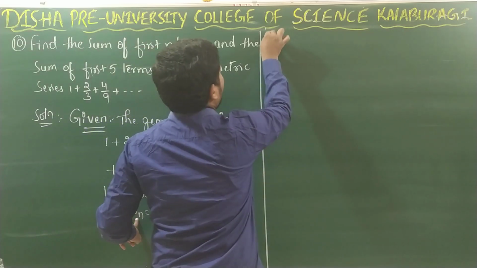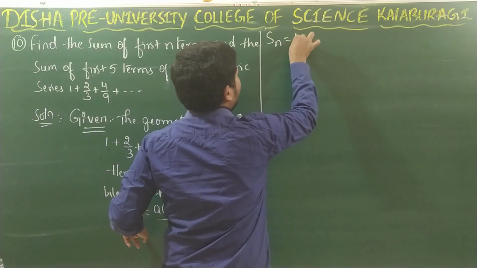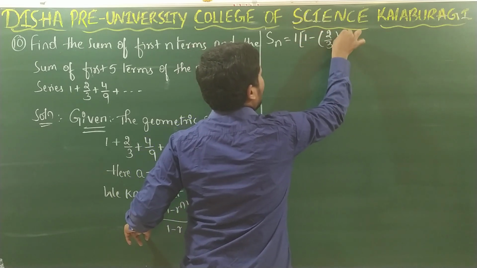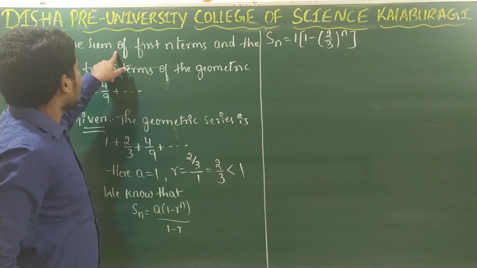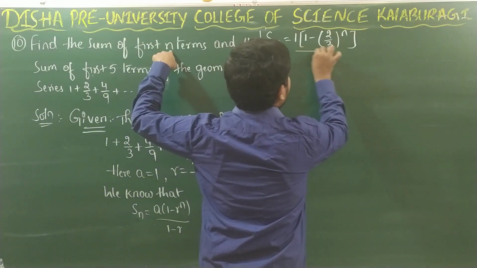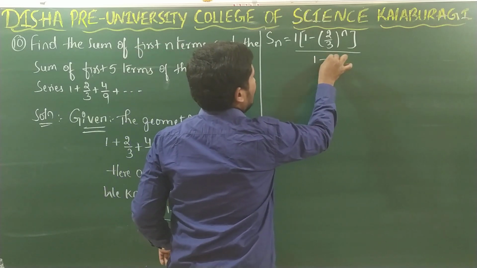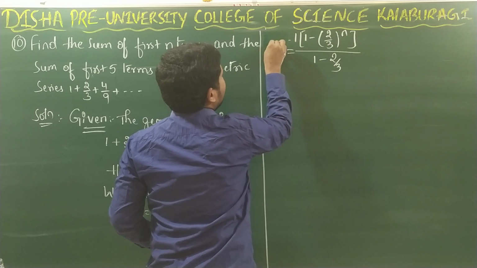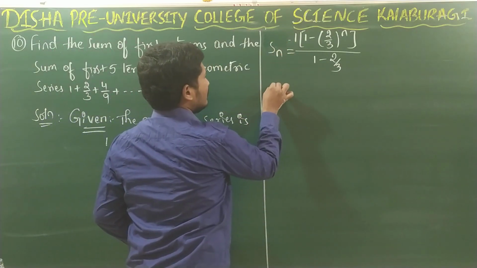Sn is equal to 1 into 1 minus 2 by 3 whole power n, where n is equal to n because we are calculating the sum of first n terms, divided by 1 minus R, and 1 minus R is 1 minus 2 divided by 3. So this is Sn. Let us simplify this.